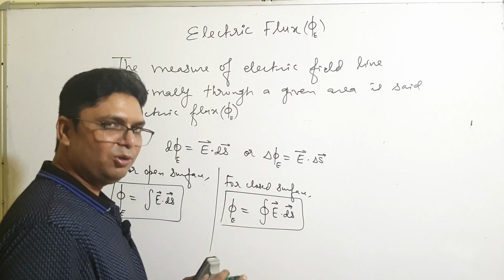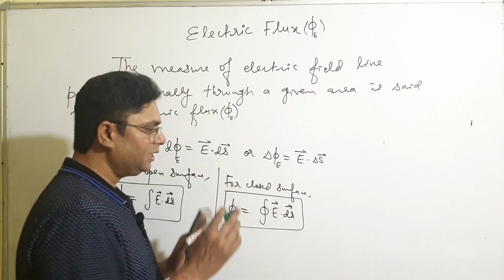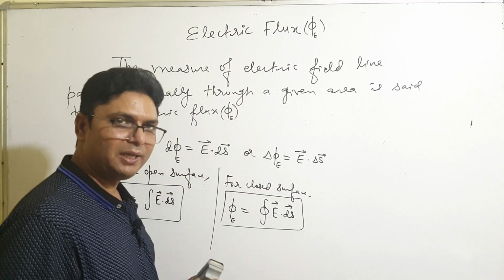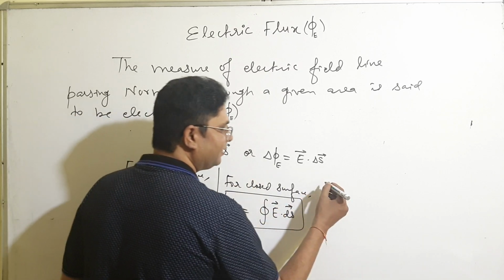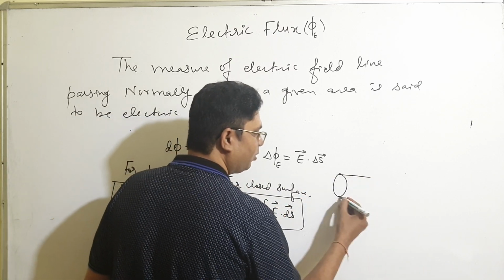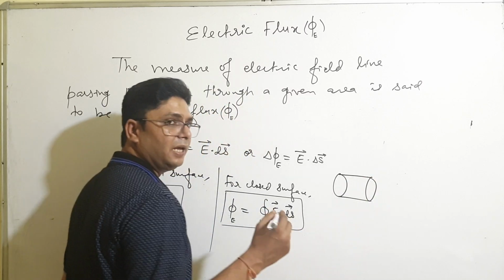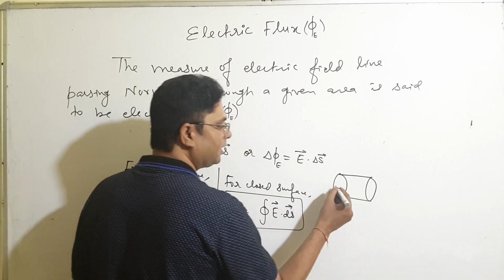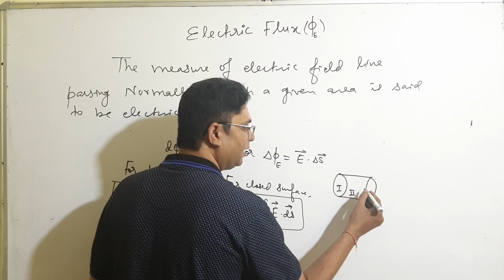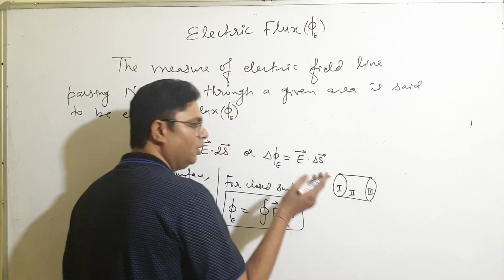To understand closed integration, I am just taking a cylindrical body to explain this. Suppose you have a cylindrical body. Then this cylinder has three surfaces. This is surface 1, this is surface 2 and this is surface 3.